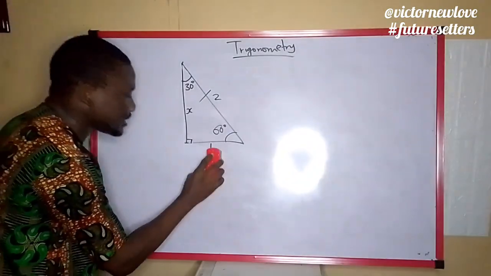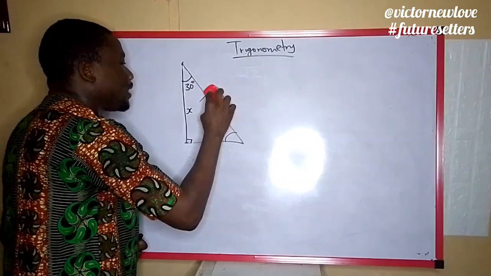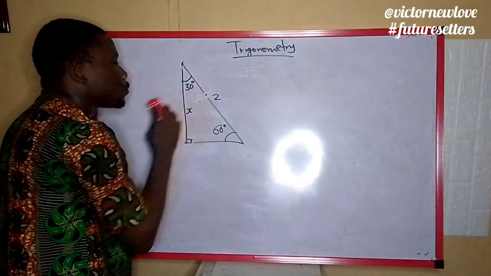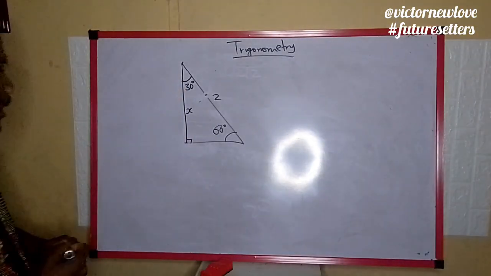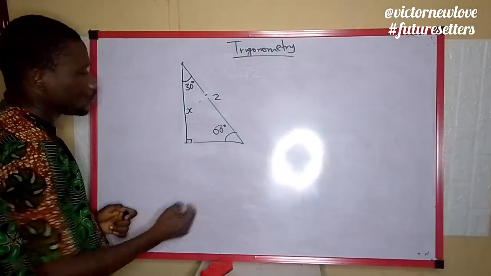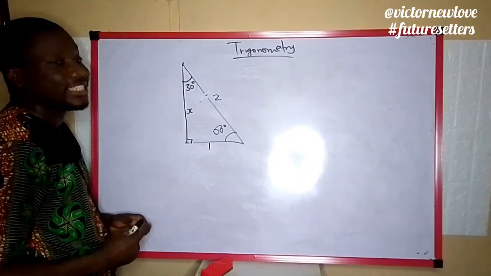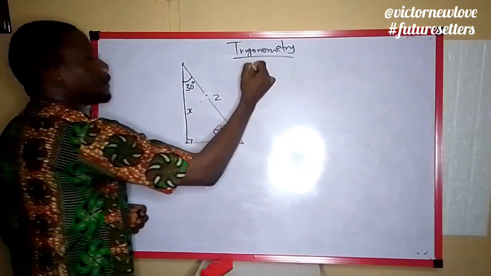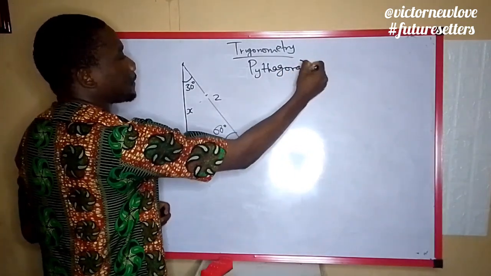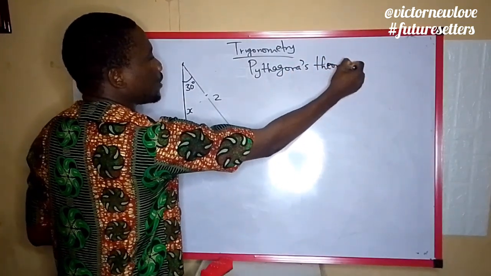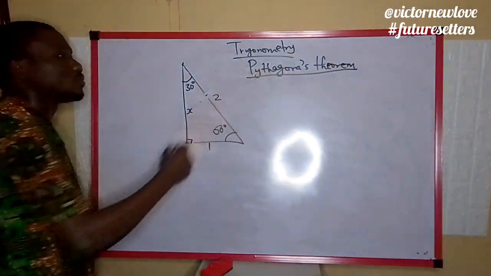This triangle has not changed from the equilateral triangle to the right angle triangle. Focus your attention on this now. Using our knowledge, there is a rule known as Pythagoras theorem. What does the rule state?